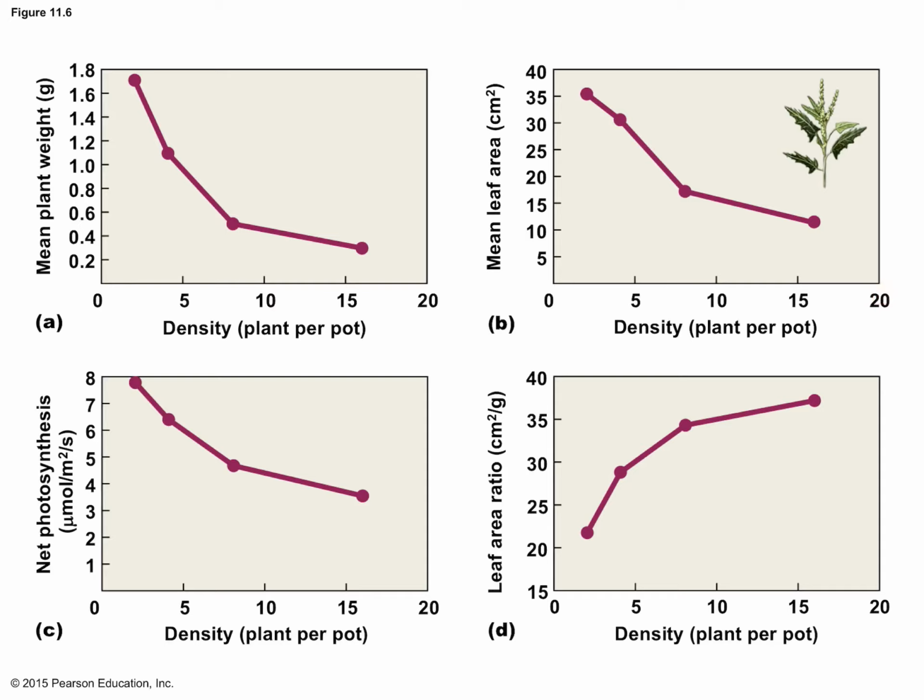But when you look at the leaf area ratio, so this is looking at the ratio of leaf area to plant biomass, what we see is that even though leaves got smaller, the plants were allocating more of their photosynthetic output toward producing larger leaves relative to the mass of the stems and that sort of thing.